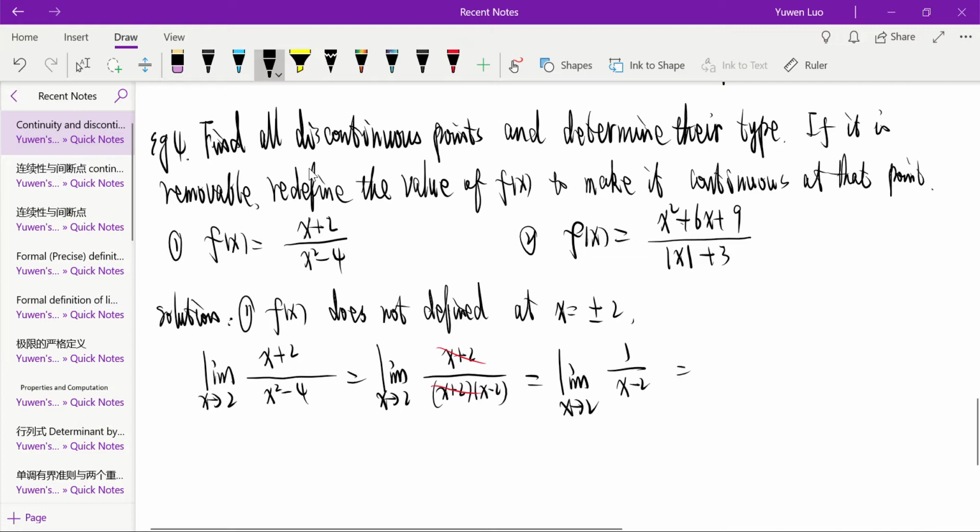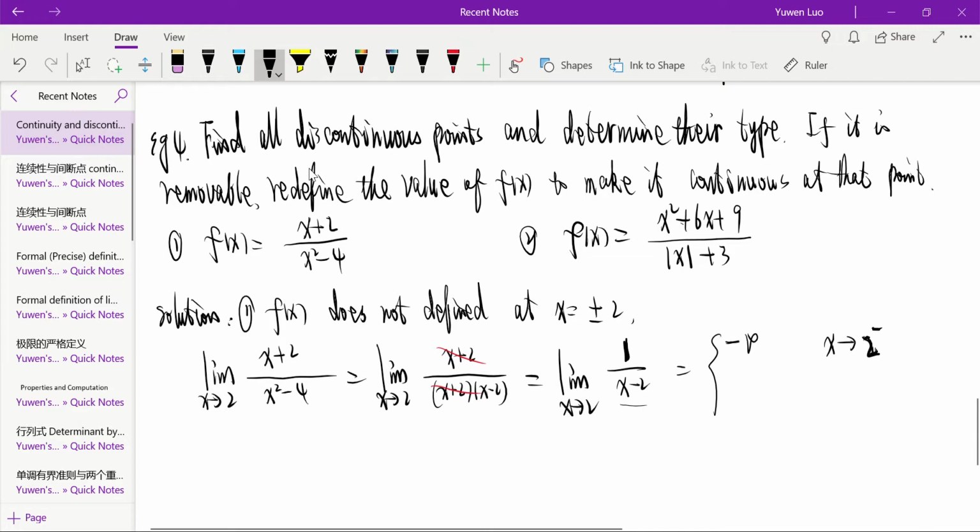This limit equals negative infinity when x tends to 2 from the left, because x is less than 2, so the denominator is negative, and positive over negative is negative, and x minus 2 tends to 0.